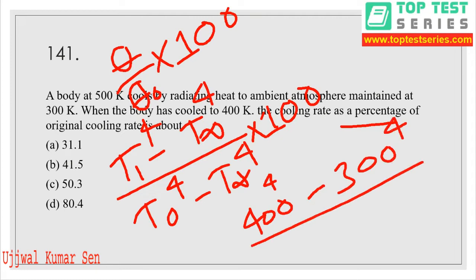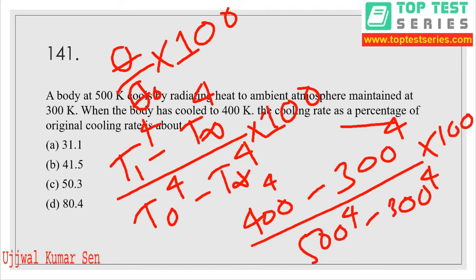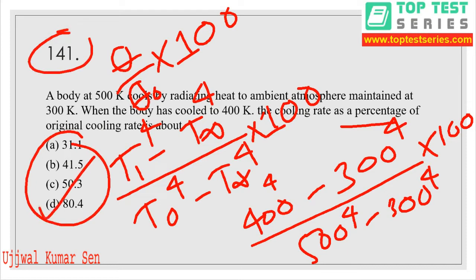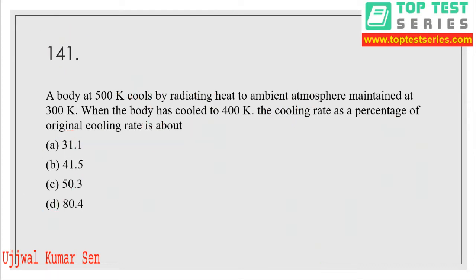In the denominator, we have 500 to the power 4 minus 300 to the power 4, into 100. Now we have to solve this, and I am giving you a task: solve this problem and tell the answer in the comment box, what answer you are getting among all the options. Write down the question number and the option, the correct answer according to you, in the comment box.